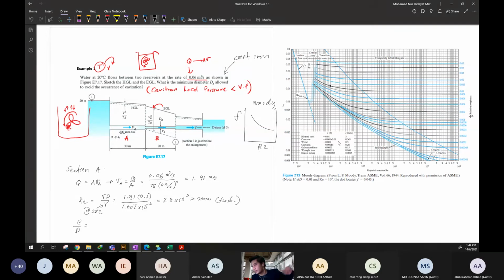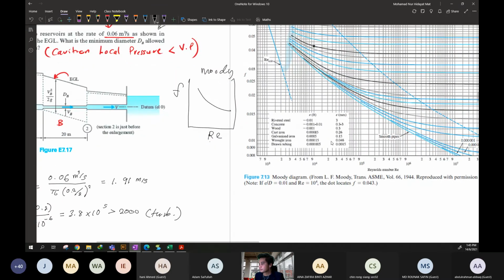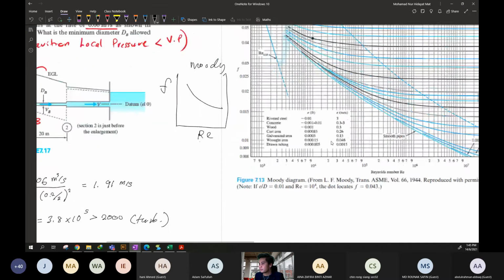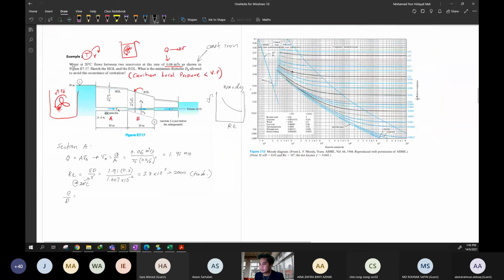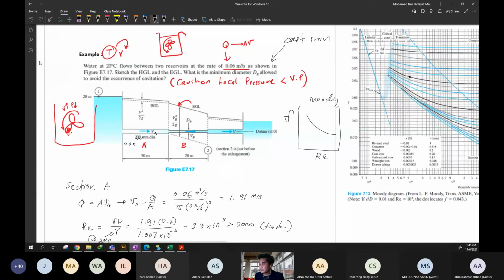So when we look at the material to be cast iron, sometimes the question will ask us to predict the suitable material. Cast iron is suitable because this is for normal usage, supplying between two reservoirs.